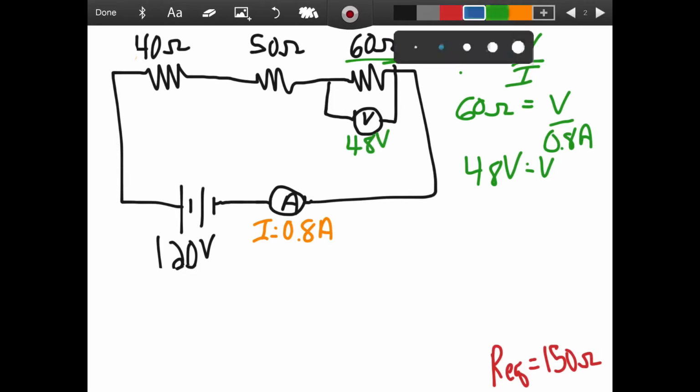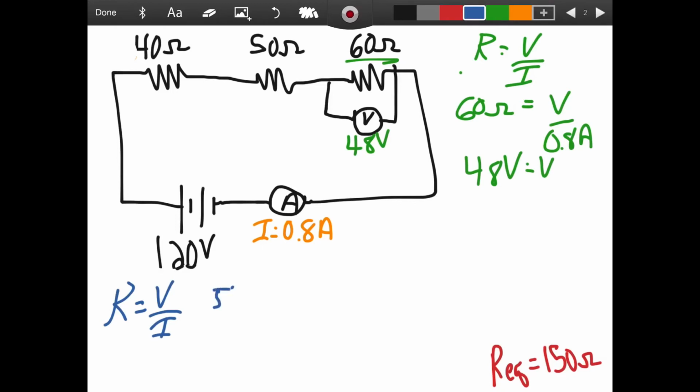And now I can do this for each resistor. If I want to do the next one, 50 ohms equals what we're looking for. So if this was another voltmeter, the voltage here would be 40 volts.